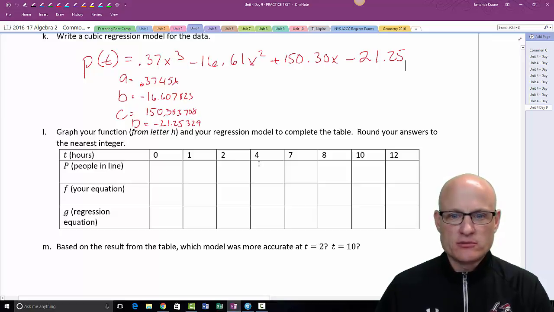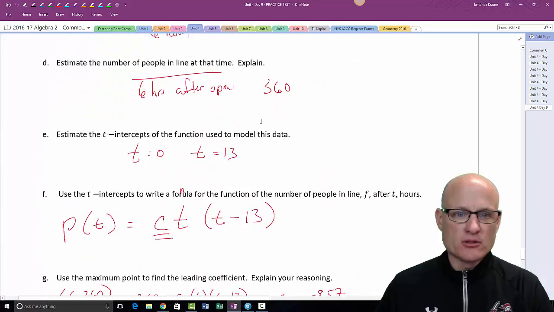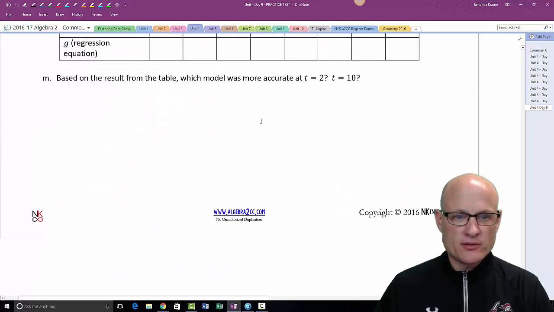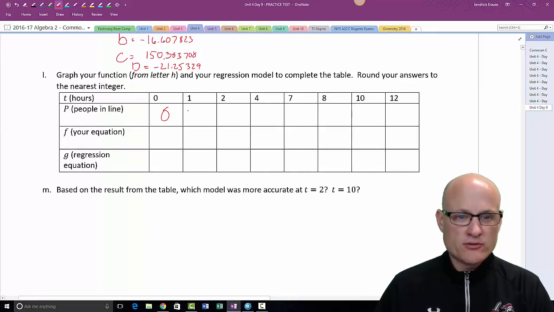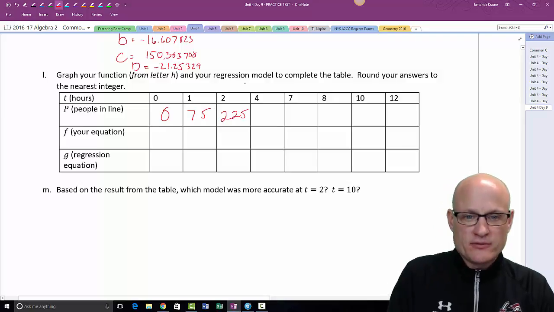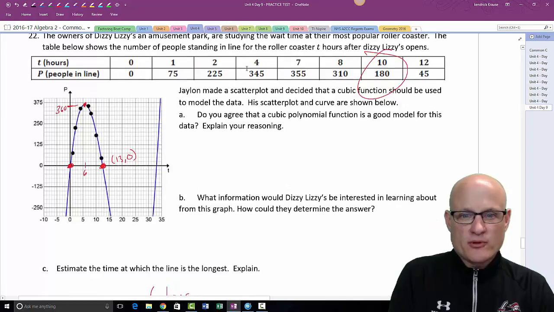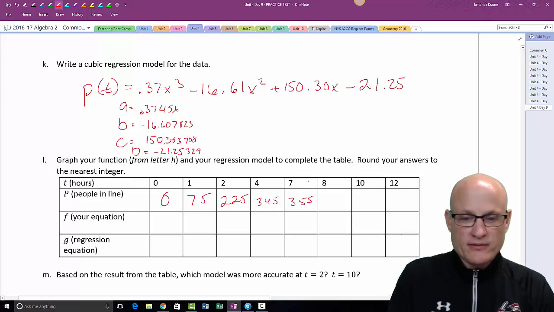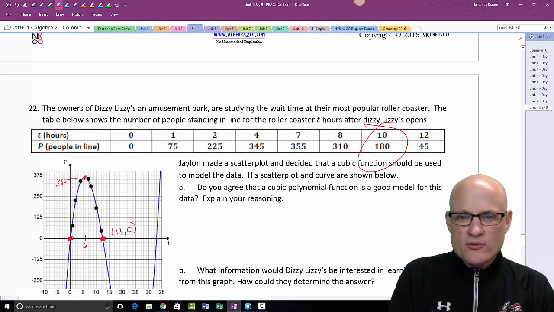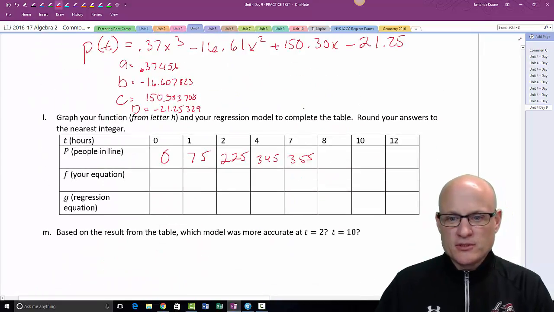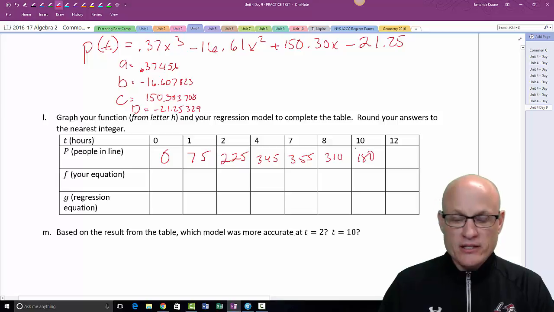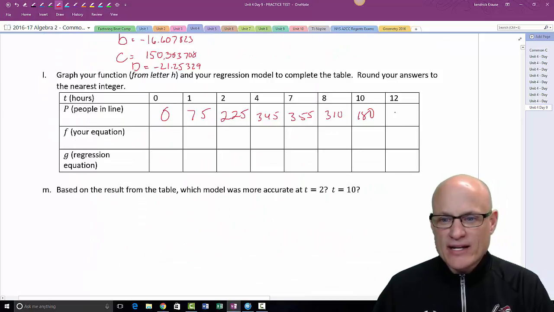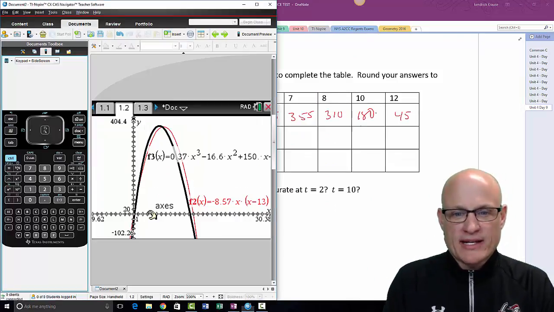The original data points were 0, 75, 225, 345, 355, 310, 180, and 45. And then what I did was I put both equations in my calculator.